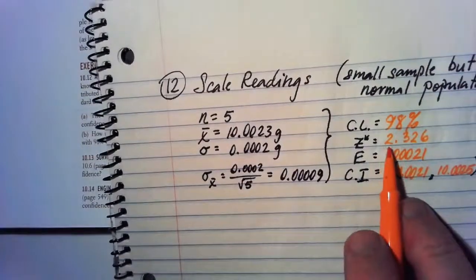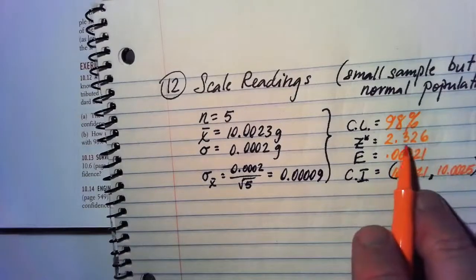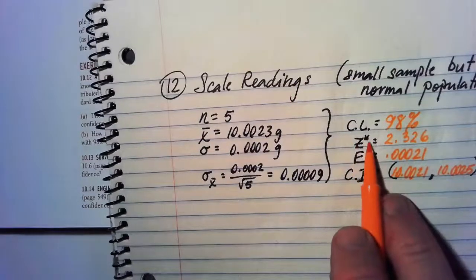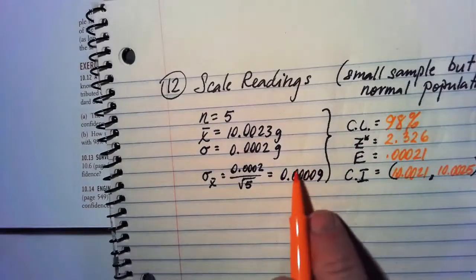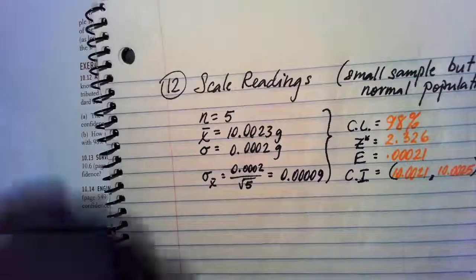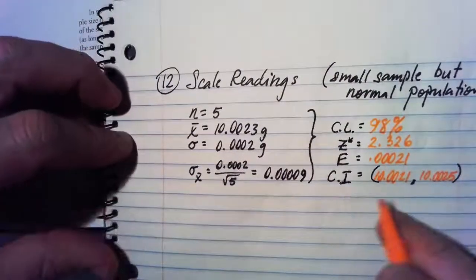So above 1.96, but below the 2.576 for the 99%. And if you multiply this critical value times this little standard deviation, you get a margin of error of 0.00021. Plus and minus that, and you get a confidence interval.